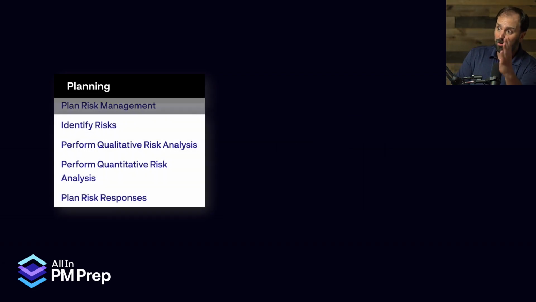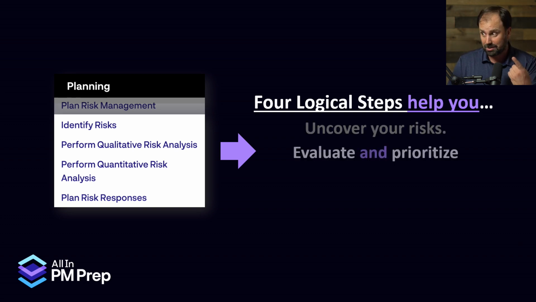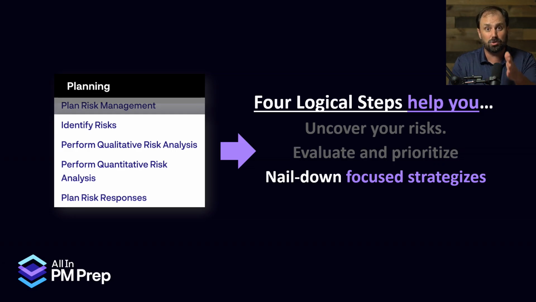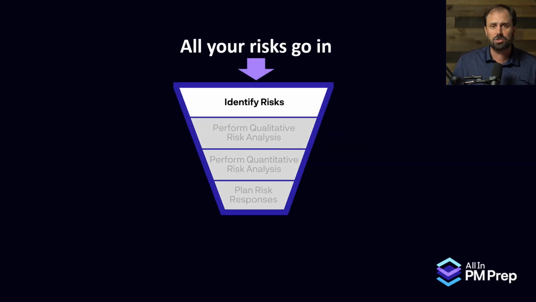Now, the other 4 processes are 4 logical steps that help you uncover your risks, evaluate and prioritize them, and nail down those focused risk response plans to attack the big, meaty risks and opportunities. I think about these 4 steps as a funnel, big at the top, little at the bottom. This is the way it works.